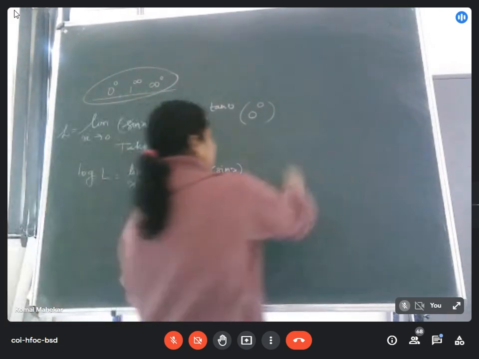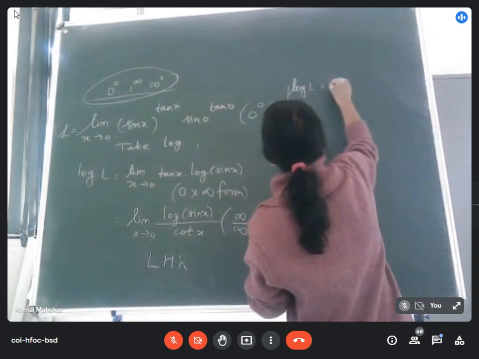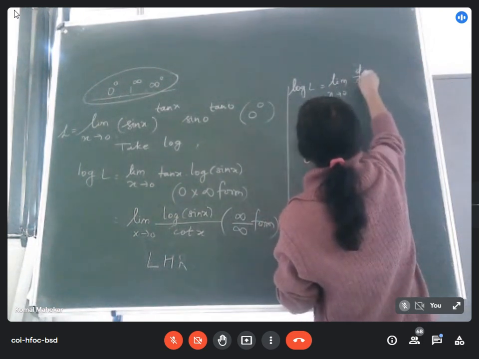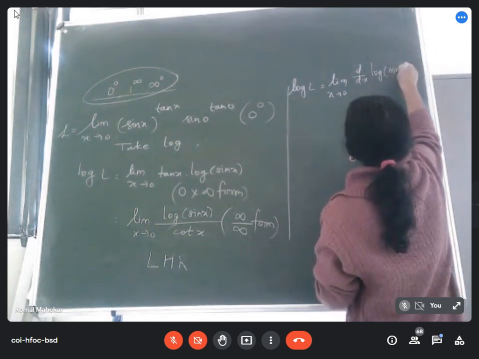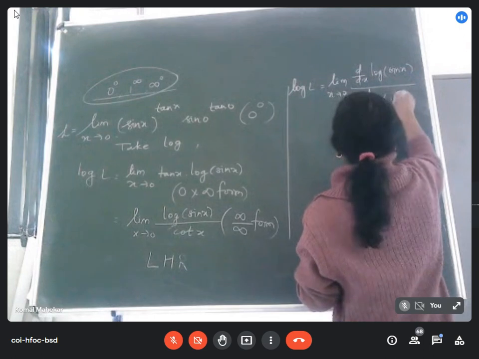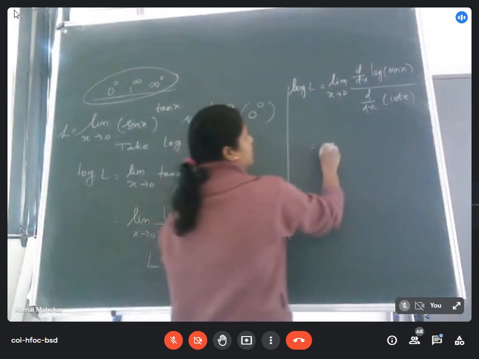Now we will find the derivative by using the L'Hospital rule. Limit x tends to 0 of d by dx of log of sin x divided by d by dx of cot x. Now find the derivative and simplify this.